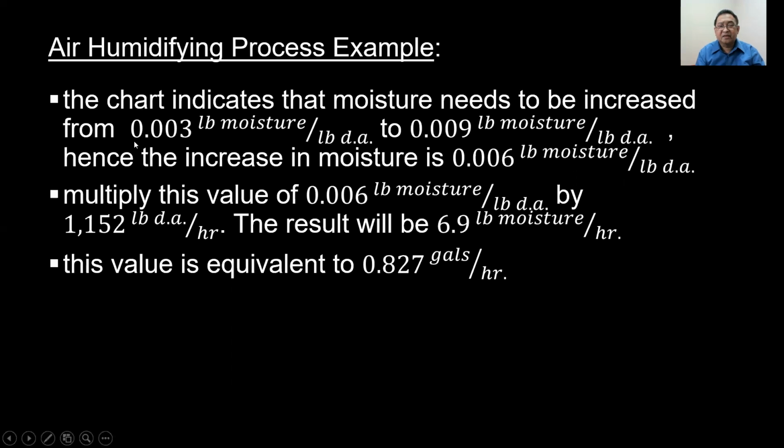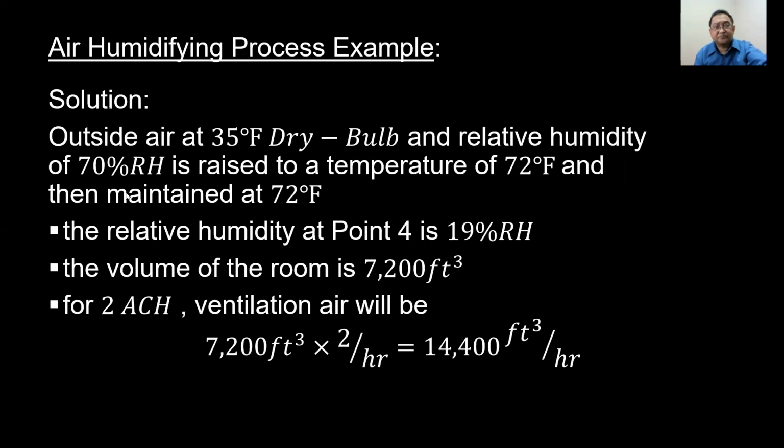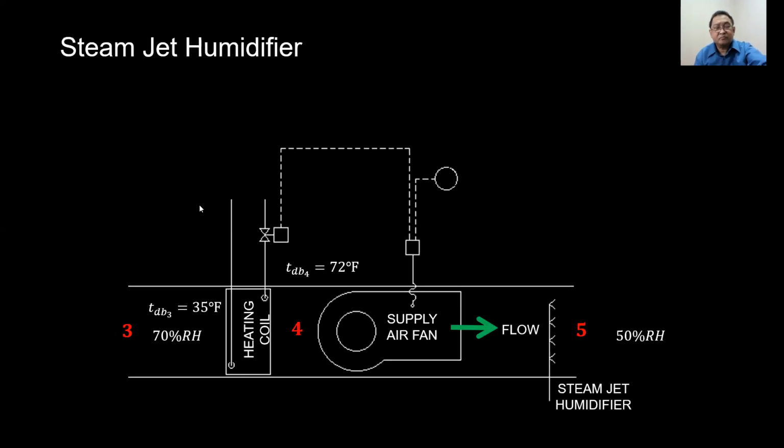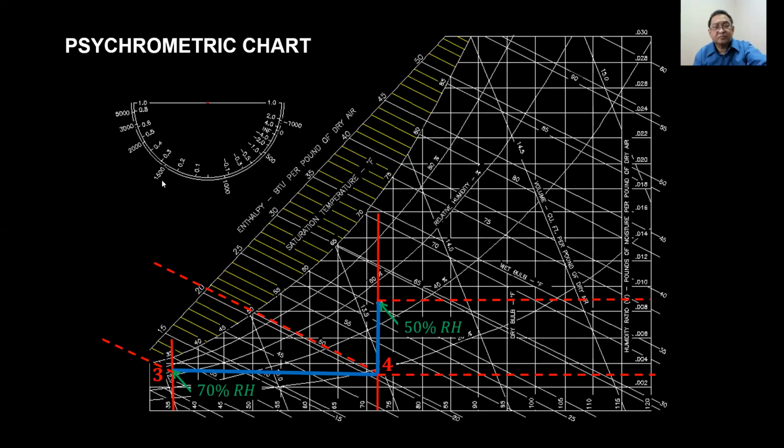So the chart indicates that the moisture needs to be increased. You can see from your chart here, we want a 50% RH, so we need to have a moisture of 0.009 pounds of moisture per pound of dry air.